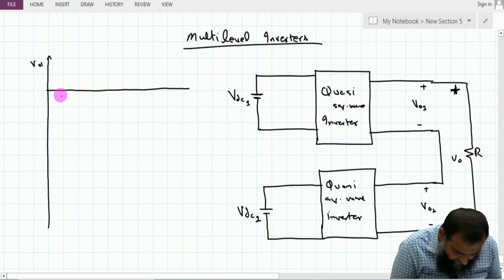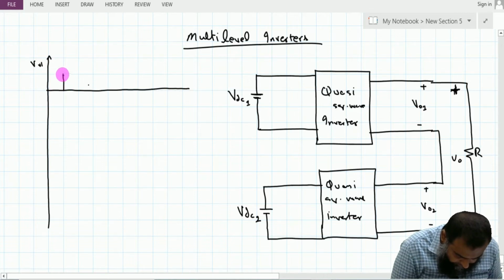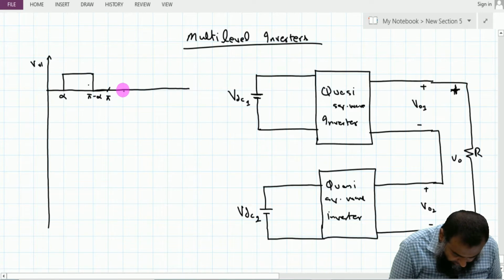Let us say we have a delay angle. This is the delay angle alpha. Here we have pi, this is pi minus alpha, this is alpha, and then we have the output voltage here.